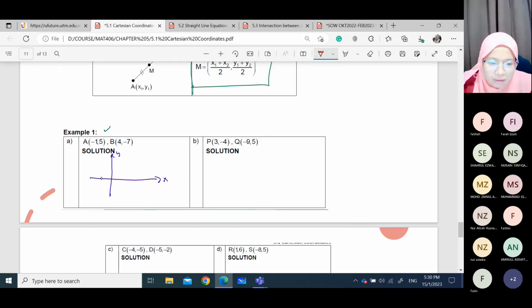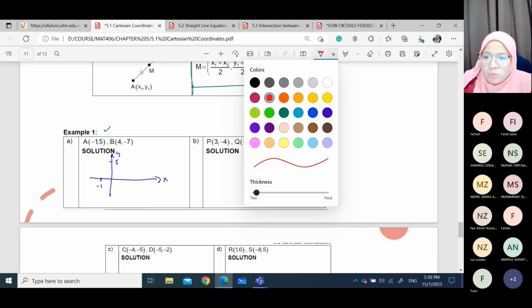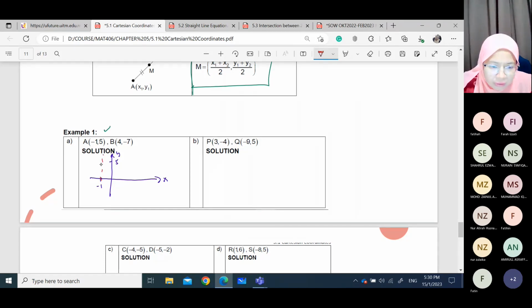So X at negative 1, katakan kat sini. Negative 1 and Y 5, so this one is 5 untuk Y. So plot the point. So this is point A.